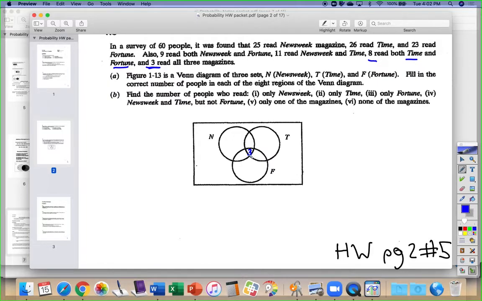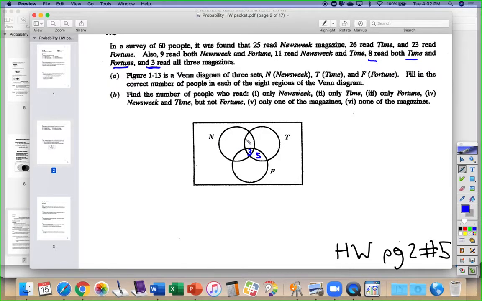There is only room for 5 more to make the total of 8. So don't count people twice. And 11 read Newsweek and Time. Well, that's this whole space. And 3 of them are already in the Newsweek and Time place.